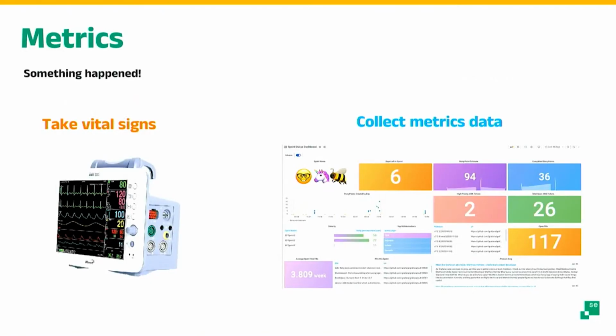Now, the first pillar of observability is the metrics. The metrics are what we said earlier, the vitals for our body. We need to take the vital signs, we need to collect metrics, and here you can see a Grafana dashboard that very nicely visualizes all these metrics to the user. The metrics are numerical data, like the blood pressure or the temperature.